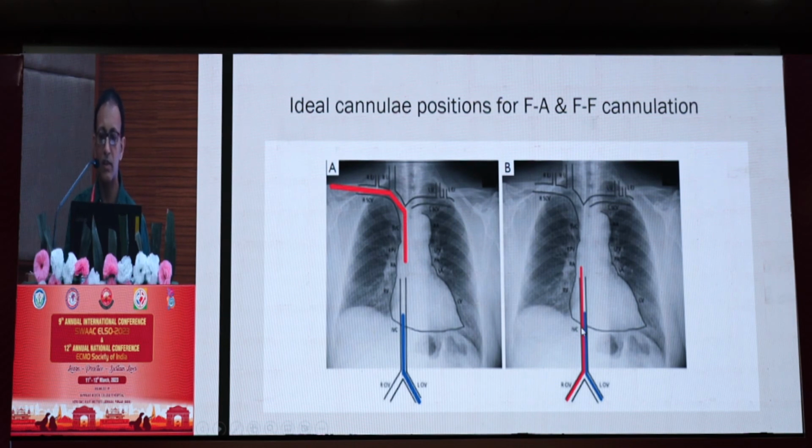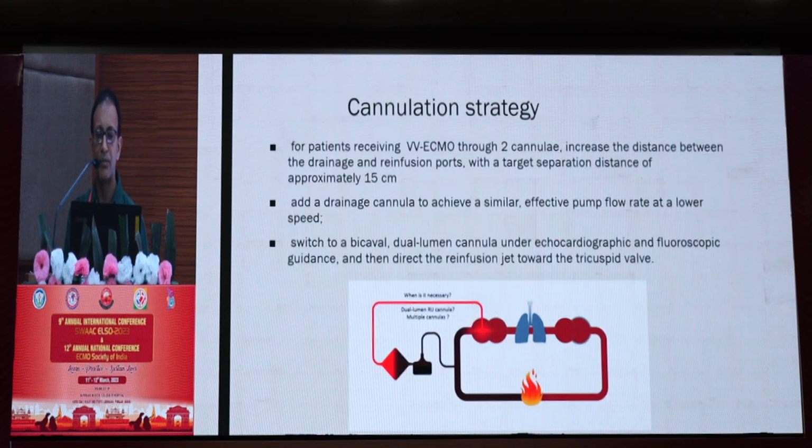These are the ideal cannulae positions in femoral drainage to atrial return. In the femoral, the drainage should be lower and the return should be close to the heart, almost close to the atrium here. If you do the reverse, the recirculation will increase because the drainage will be higher and most of the return blood will be sucked into the drainage cannula.